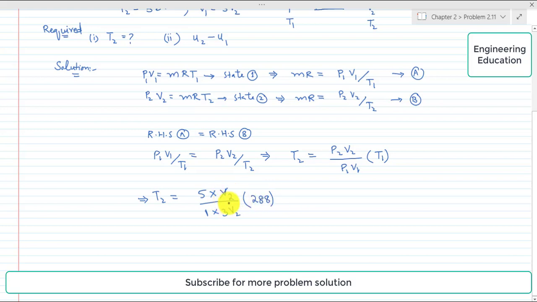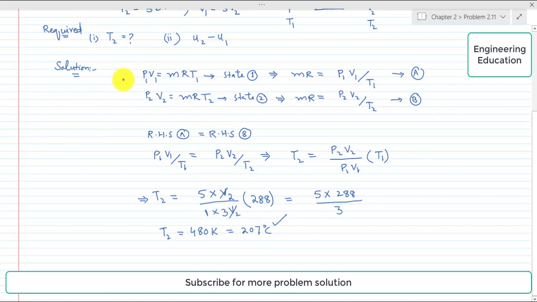So simplifying this, we get 5 into 288 over 3. Solving this, we get the value of T2 equal to 480 Kelvin, or in degrees centigrade it is 207 degrees centigrade.